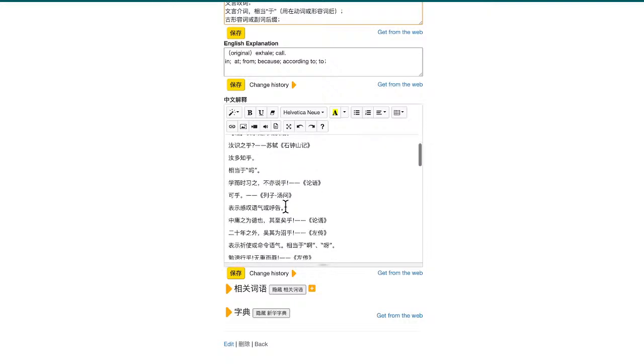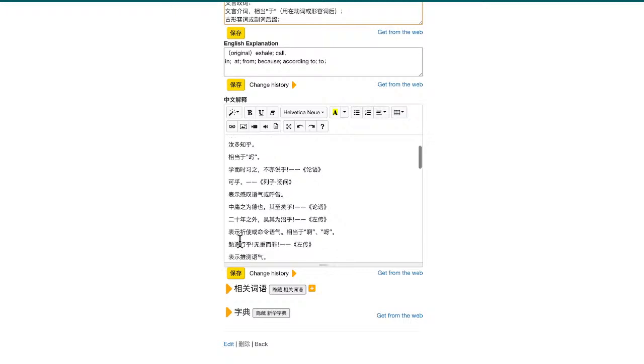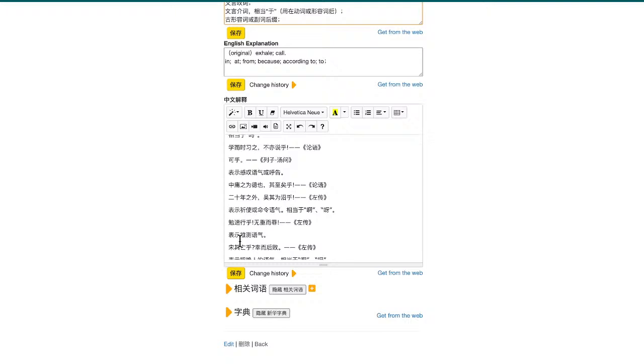And this one, 中庸之为德也，其至矣乎. Okay, so this is to express some kind of assertion.